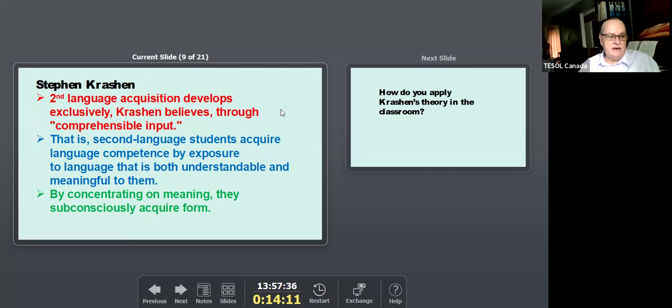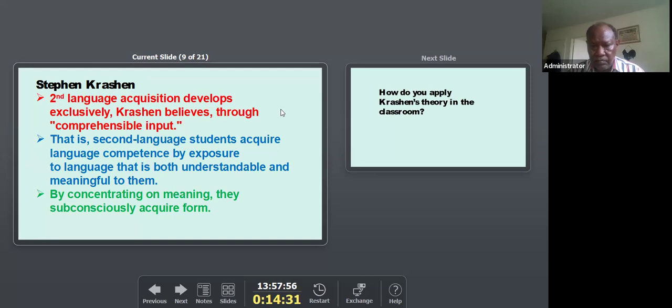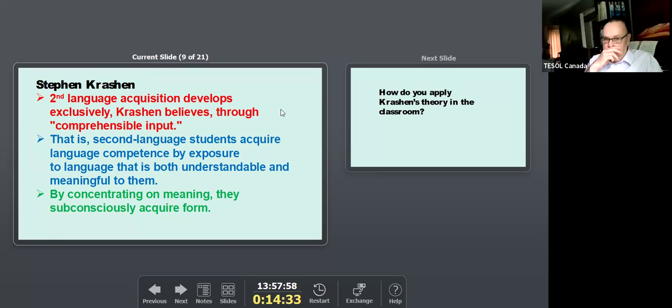That is, second language students acquire language competence by exposure to language that is both understandable and meaningful to them. If a student does not understand what is being said to them, then it will have no meaning for them. In order for it to have meaning, they need to understand the words.